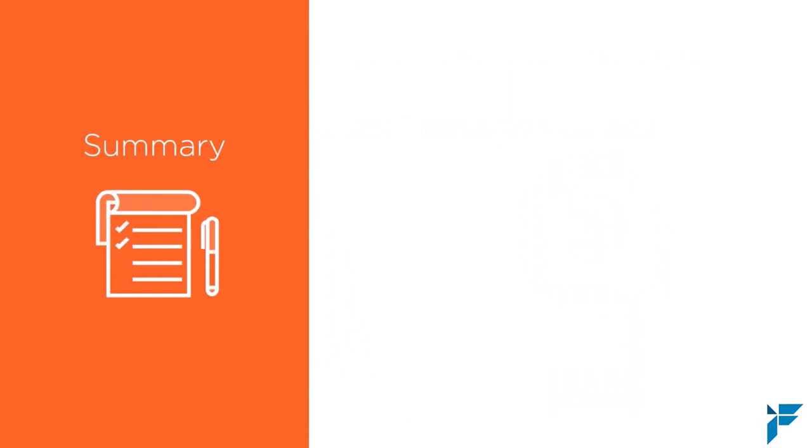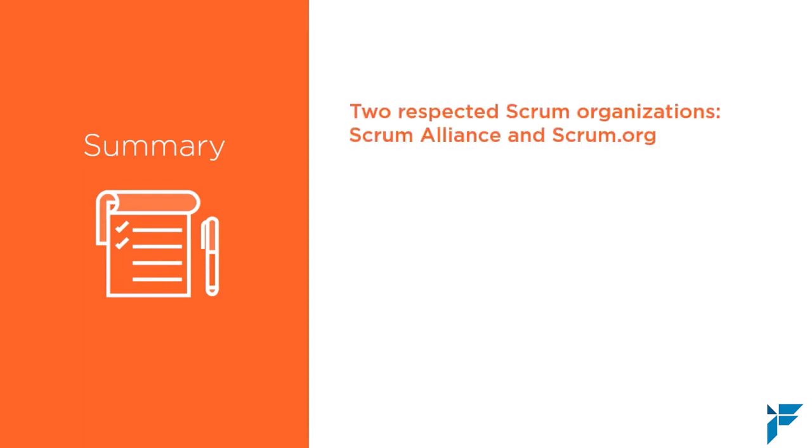Here's a module summary of what we covered. There are many Scrum organizations asserting to support Scrum practitioners, but the two biggest, most popular organizations, Scrum Alliance and Scrum.org, were founded by Scrum's creators. Both organizations offer Scrum credentials.